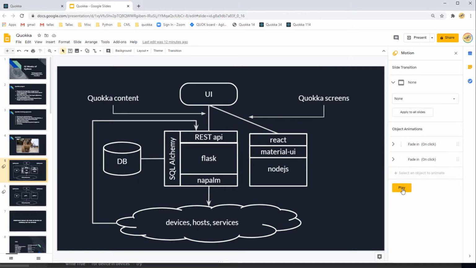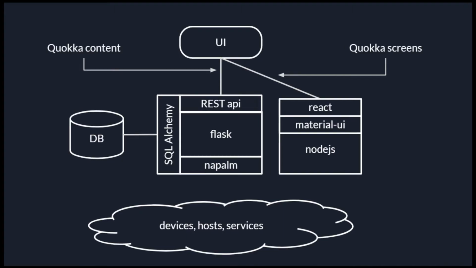Now, in a normal situation that we've talked about, you'll have your application here and it will be running and it will periodically go out and communicate with devices. In this particular example, you can see we're using Napalm to talk to networking devices. Now this picture is not complete because, as you know, we're doing hosts and services as well, and we're using different mechanisms to communicate with those.